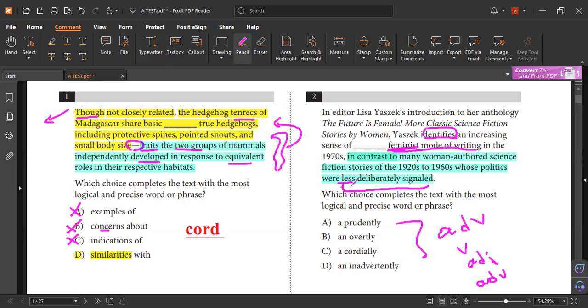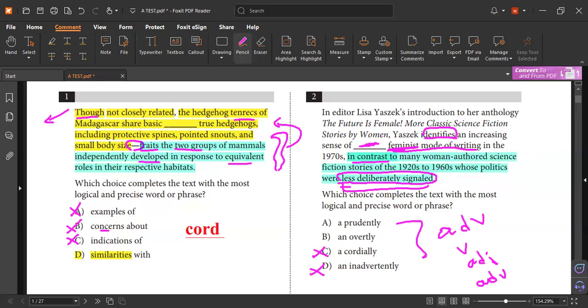But he said less. What do we need here? Something opposite to that, because he said in contrast. Letter D is a synonym. Less deliberately means inadvertently, so it is wrong. Lovely does not make sense with the action. We're not talking about nicely or lovely or how a feeling is. So it's wrong. Now A or B.